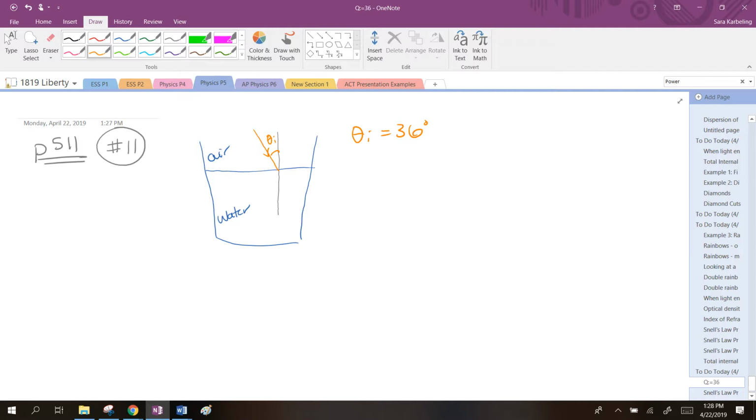So the first question is the light going to bend toward or away from the normal, from the vertical? Away. Away? Do you all agree with that? Yes. I hope not. If you do agree with that, you are wrong. If you do agree with that, I feel like that means that we are not thinking this through, and or the last week and a half of what we've been doing is not settling with you. I hope that it's just because you had a really great weekend and haven't thought about it very much and you're just loud, okay?